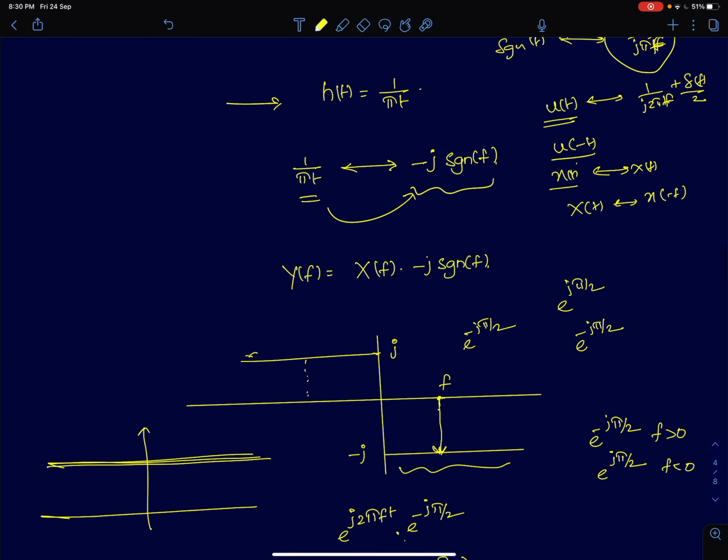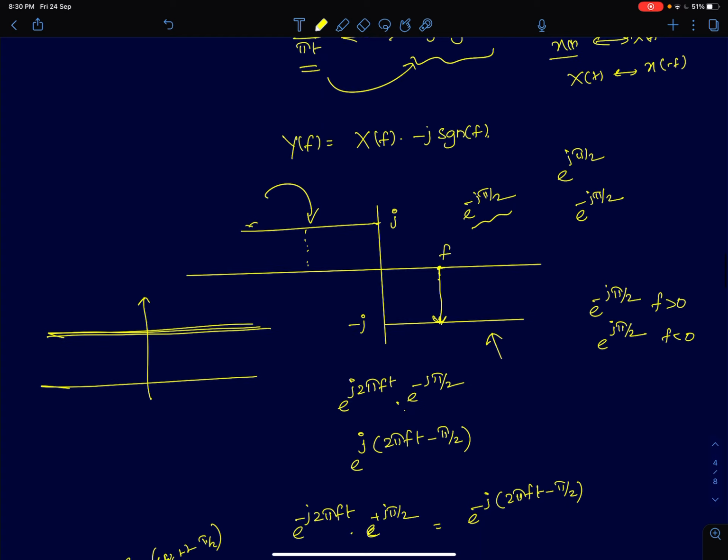So, looking at a Hilbert filter in the frequency domain, it multiplies all the positive frequencies by minus j and all the negative frequencies by plus j. Minus j is a complex number, so we can write it in Euler's form as e power minus j pi by 2.